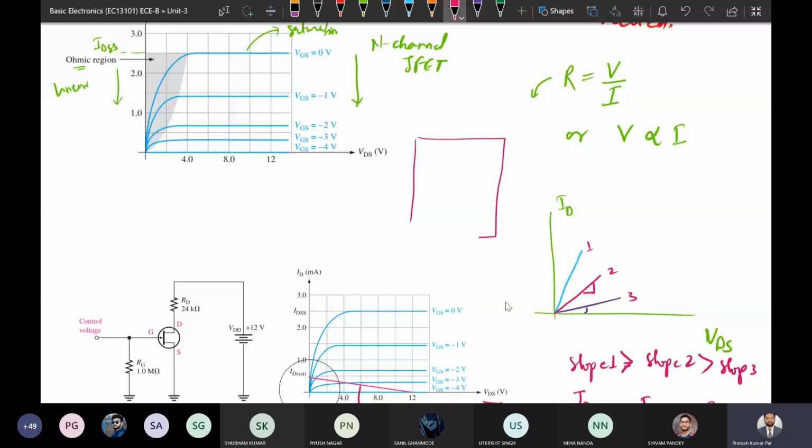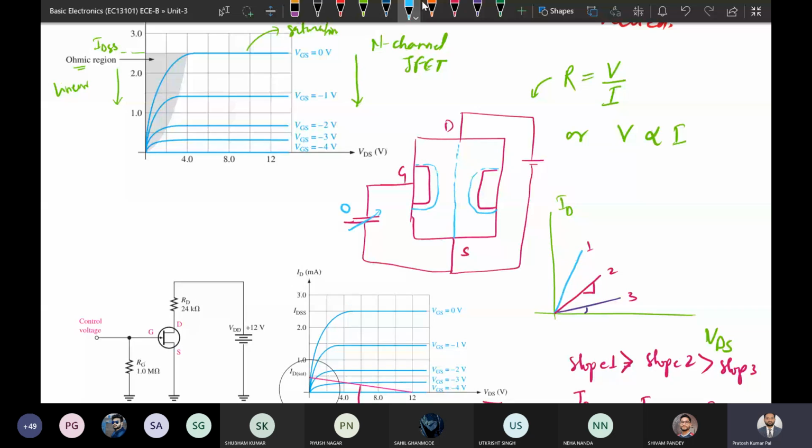This is an n channel, so it is n type. The electrons available in the n type, which are the majority carriers, will be attracted towards the drain. So electron movement will be this way, and the current direction will be the opposite way.